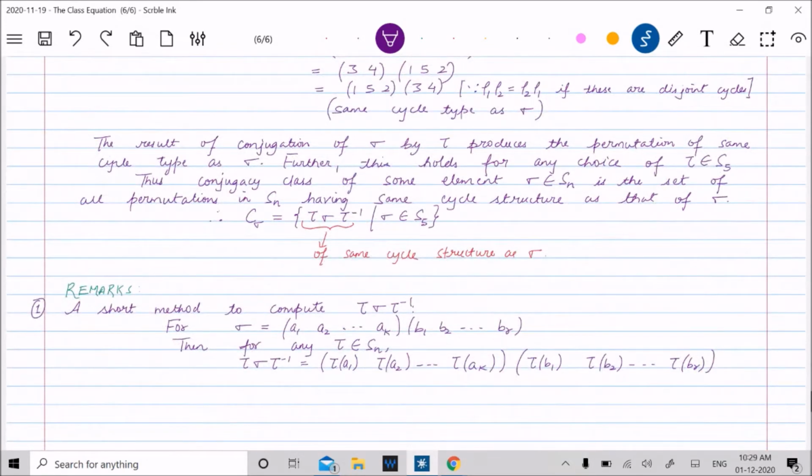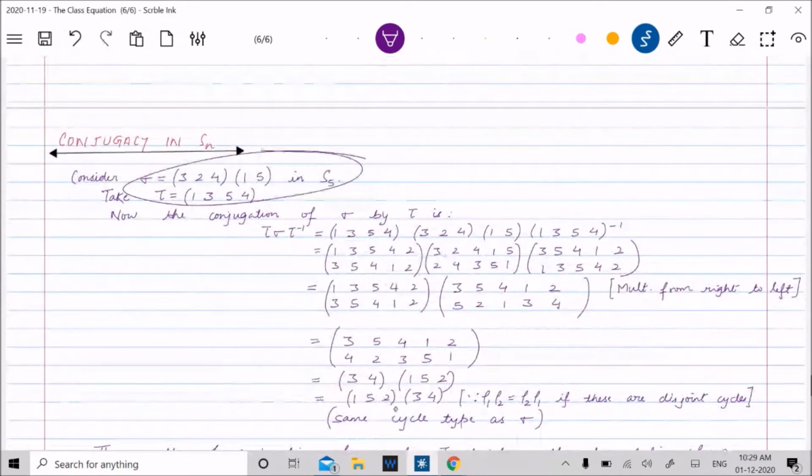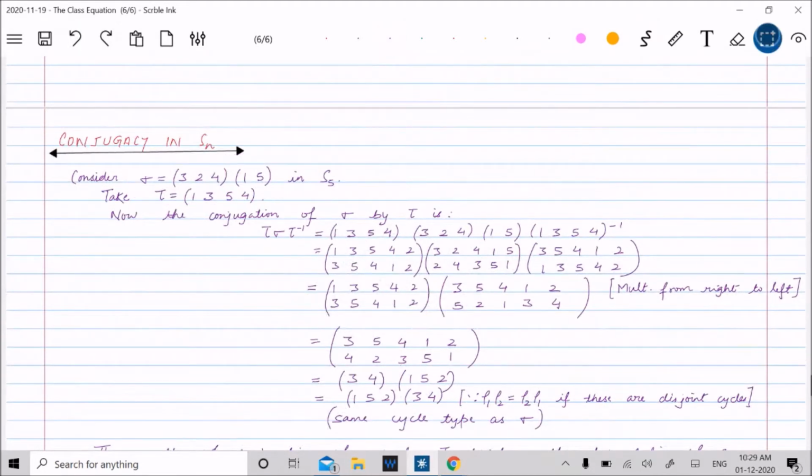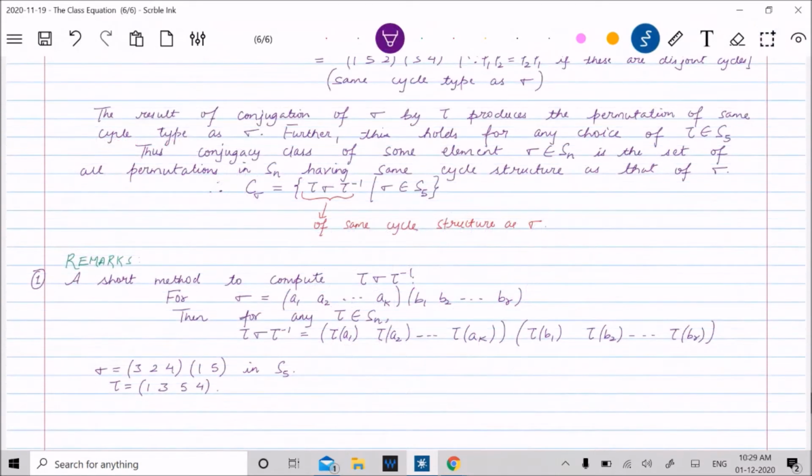You need to remember this, right? And I will be applying this shortcut method to this example, this choice of sigma and tau, right? So I will be copying this for sigma, this one in S5, and tau is this permutation belonging to S5.